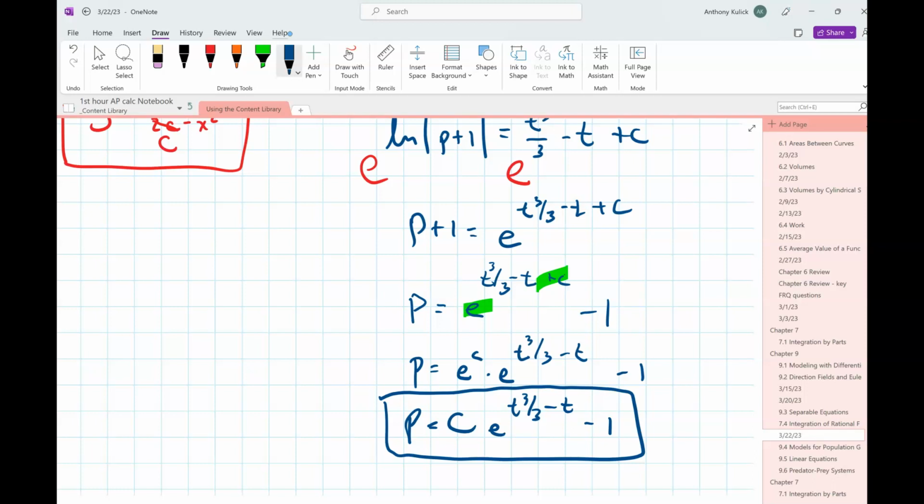Does that feel okay, Mackenzie? Now, why did they, in the answer key, use a plus or minus? You shouldn't need a plus or minus there. Any power of e is positive, right?